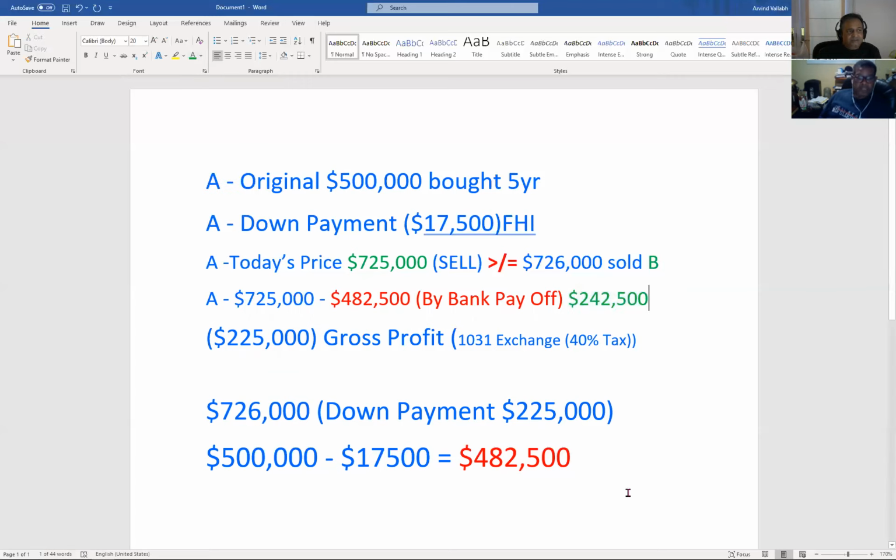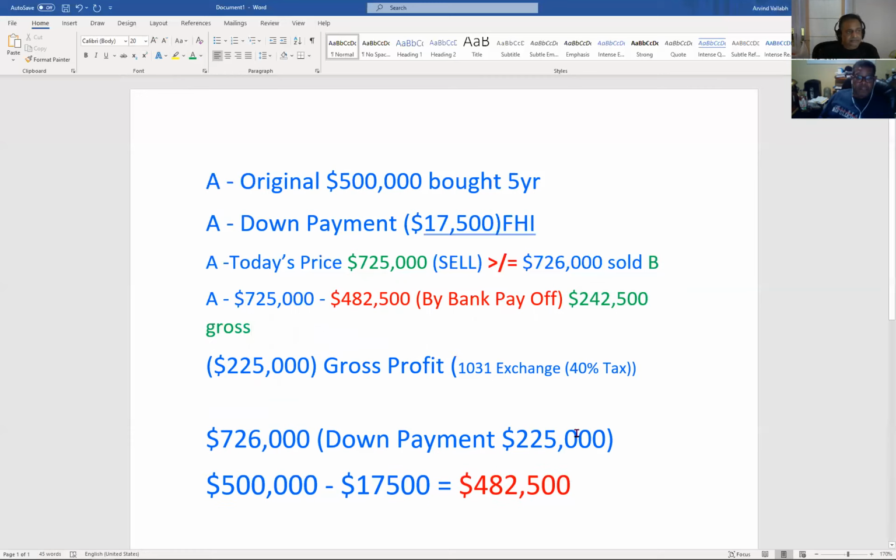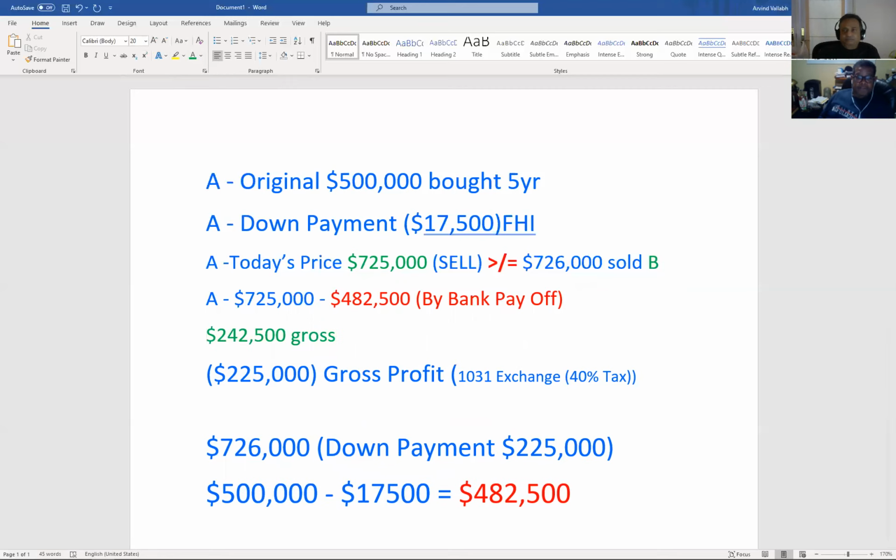Does it make sense? That's why I wanted to do it this way, no guessing. So this is the gross that he's going to get, including not only the down payment, plus closing costs.